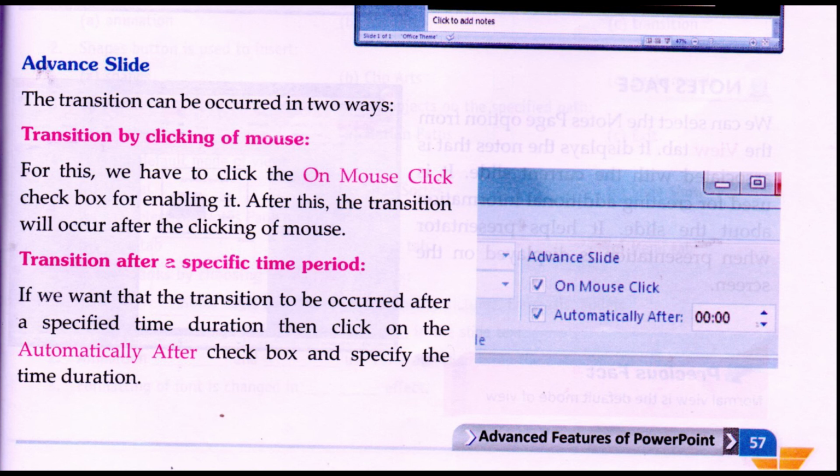If you select on mouse click, then when you click the left mouse button, only then it will move to the next slide. Automatically after: for example, if you specify 0030, then each slide shows for 30 seconds. After 30 seconds, it will show the second. Again, after 30 seconds, it will show the third slide.